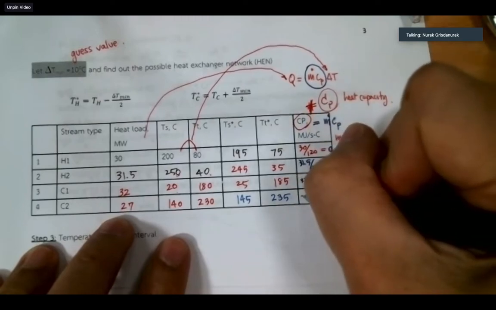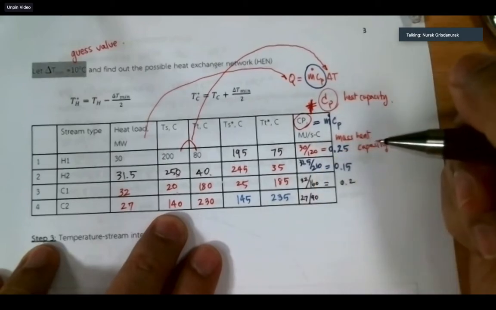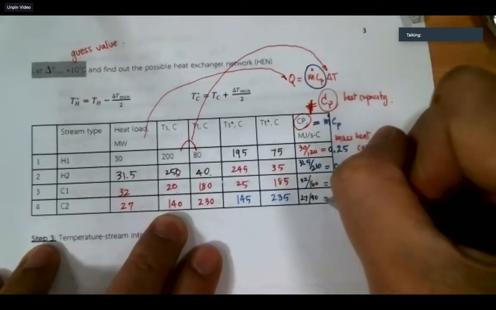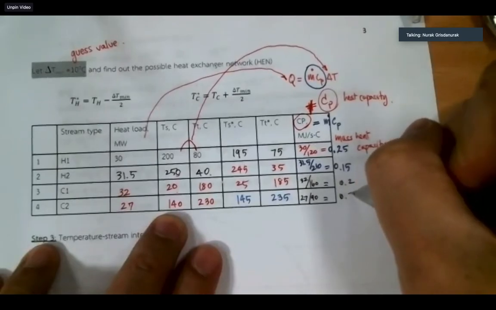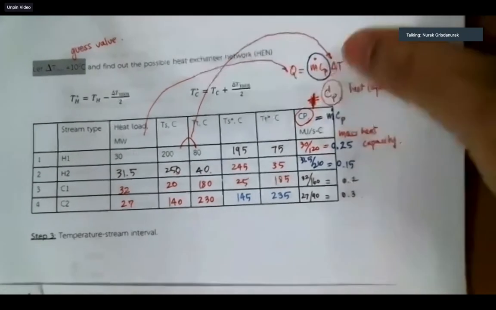How about this? 27 divided by 90 becomes 0.3. Alright? I hope no one has any doubt about it.